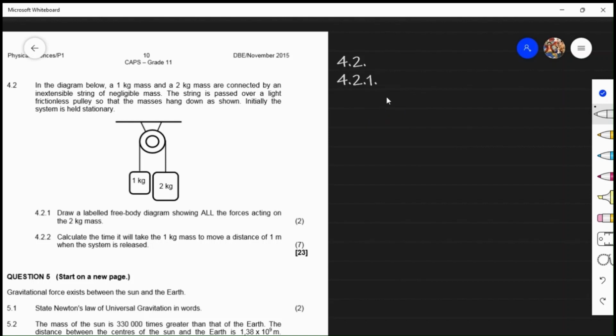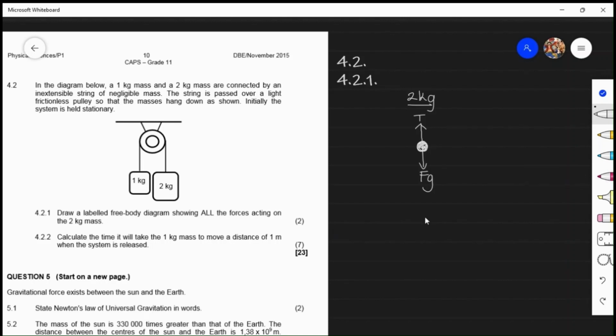So we have our 2 kg block, which has tensional force going up and gravitational force going down. Keep in mind the rule: tensional force acts in the direction away from the object along the string.